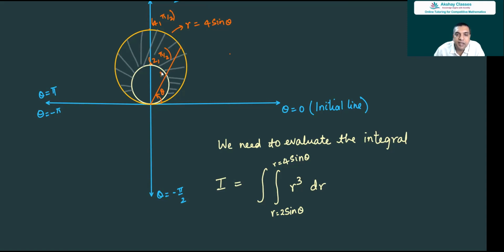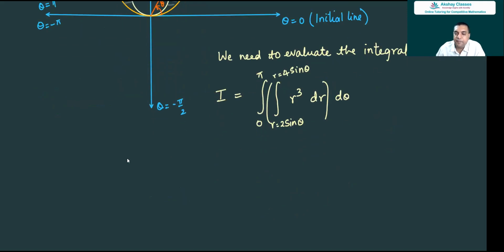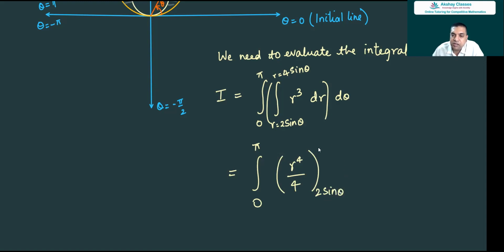So we are integrating along the strips like this. And then we are changing theta from 0 to pi. So r cube dr, then theta varying from 0 to pi d theta. Okay. Now when we evaluate this integral 0 to pi, this is r power 4 upon 4 from 2 sine theta to 4 sine theta d theta.